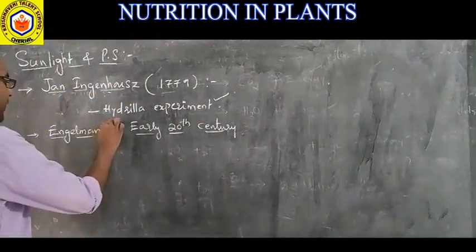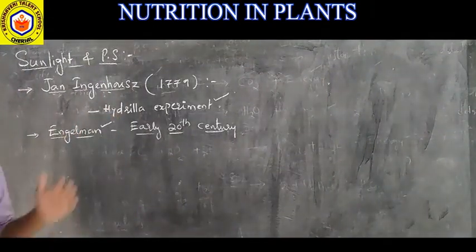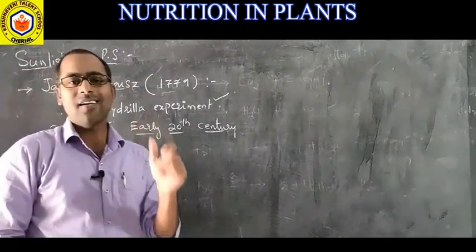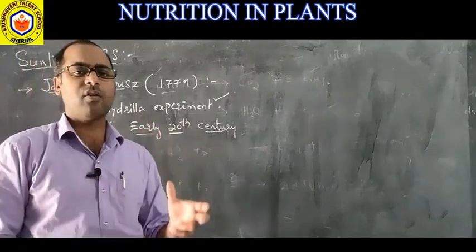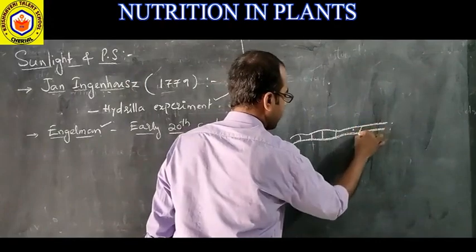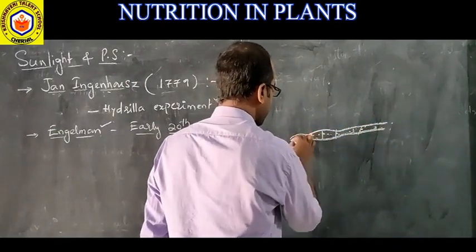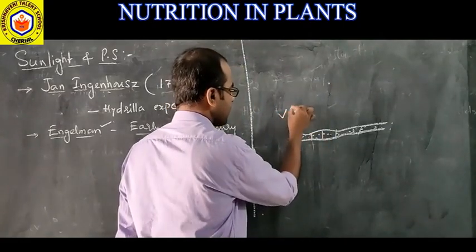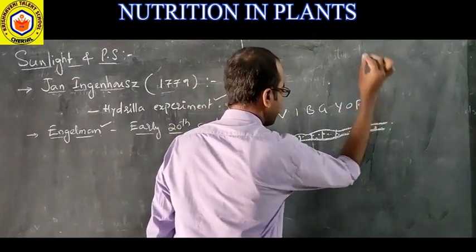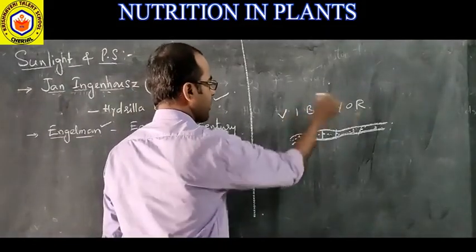Next, Engelmann. Engelmann is another scientist from the early 20th century. He did an activity with algal strands. Let us take one strand of algae. Then he exposed the different colors of light onto the strand of algae, VIBGYOR.